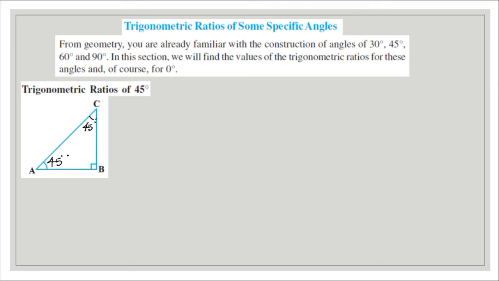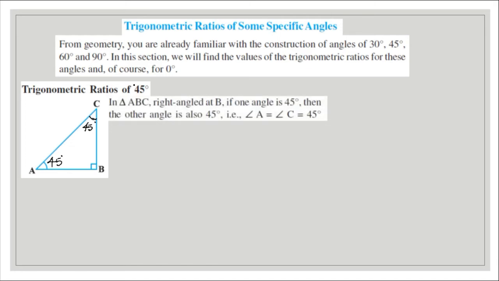What comes to your mind if two of the angles in a triangle are equal? It becomes an isosceles triangle. Yes. When it is an isosceles triangle, the side AB and the side BC will be equal to each other. In triangle ABC, right angled at B, if one of the angles is 45 degree, the other angle is also 45 degree.